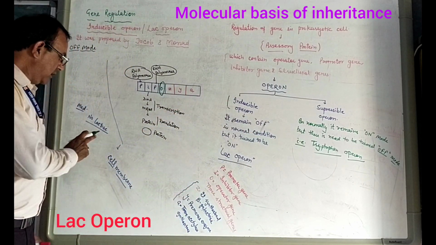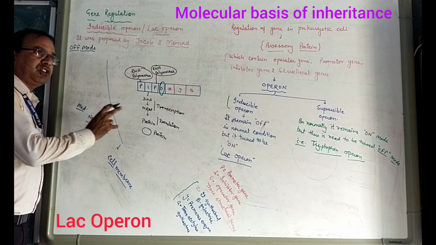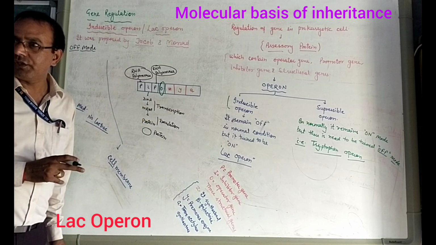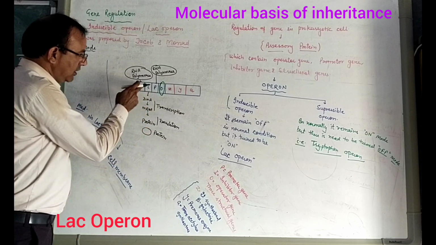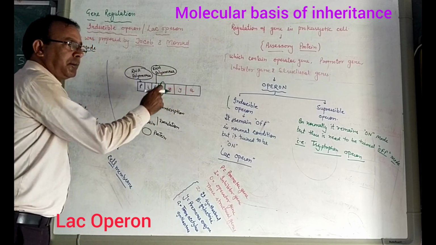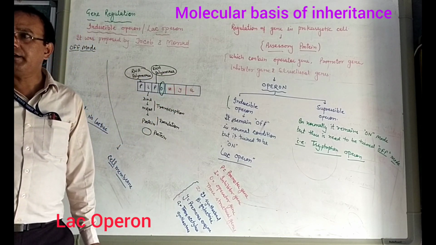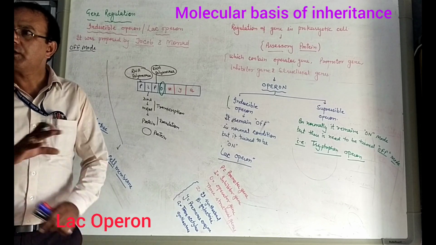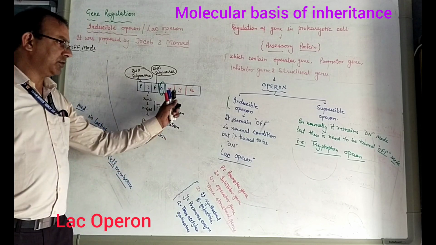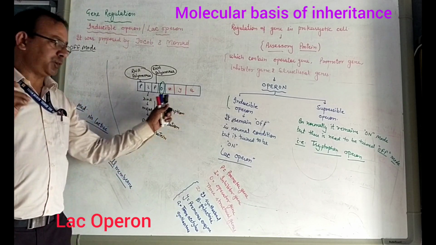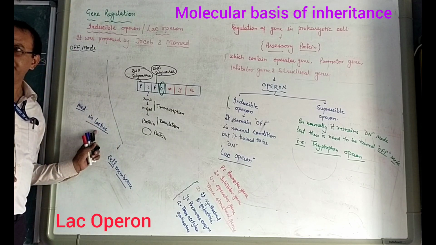What is translation here? The process of changing lactose into glucose. This will be stopped because this process cannot take place. It acts as an obstacle. It blocks the process of changing lactose into glucose.